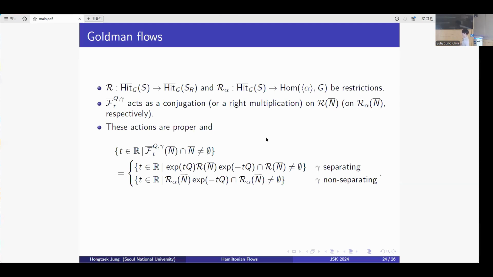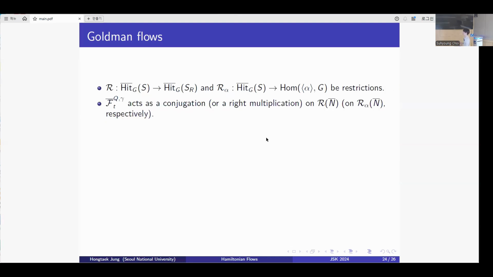And if your gamma is non-separating, you just multiply by exponential minus T of Q on this new generator, and this action is also proper if you begin with a Hitchin representation. So that's indeed the proof of this proposition. Okay.